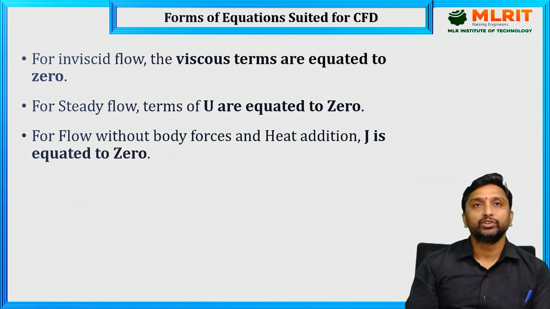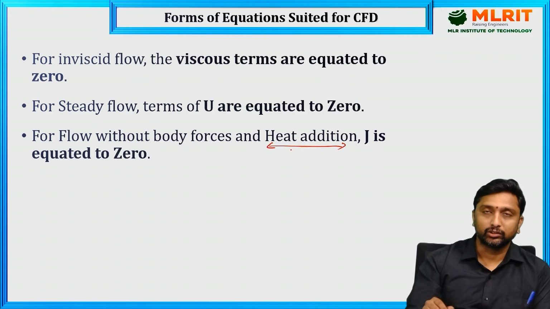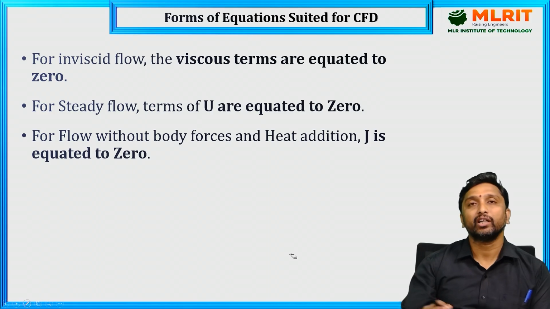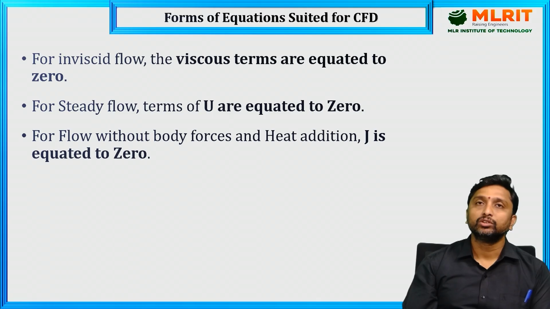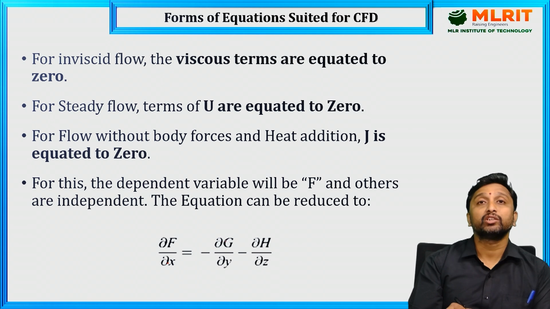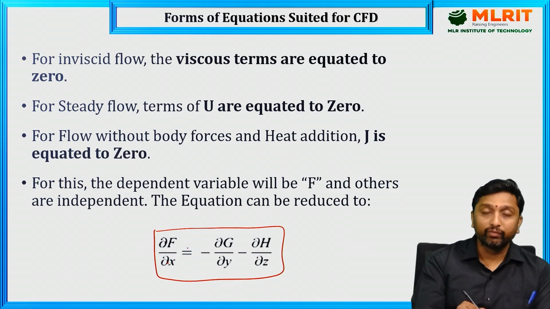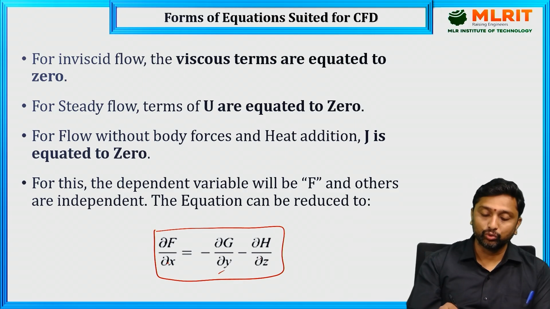Then J is also equated to 0, that is heat addition and body force. If we consider everything to be 0, then J is also 0. We are not considering heat addition. It is something like an adiabatic process, where the heat transfer is 0. So even J becomes 0. Then you will end up with only terms like ∂F/∂x equals minus ∂G/∂y minus ∂H/∂z. So in this reduced form of equation, you can directly find the solution for F, which is dependent on the other two values.